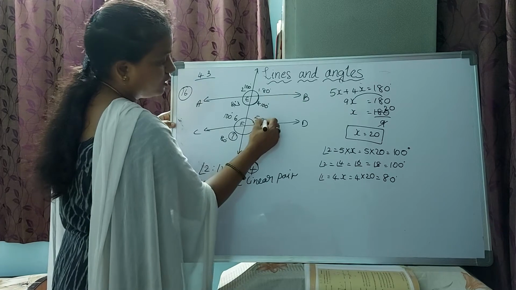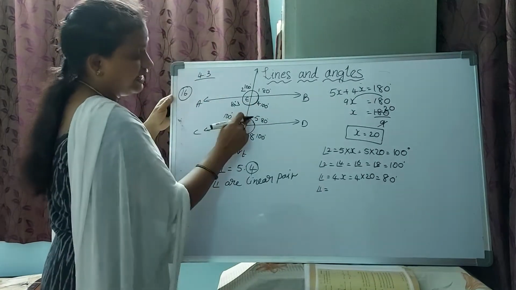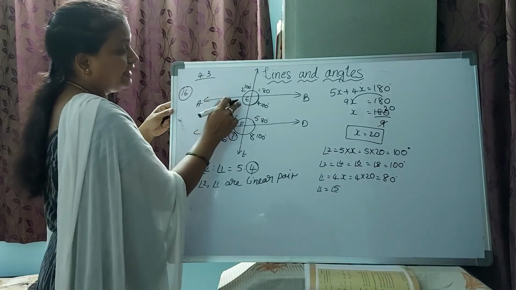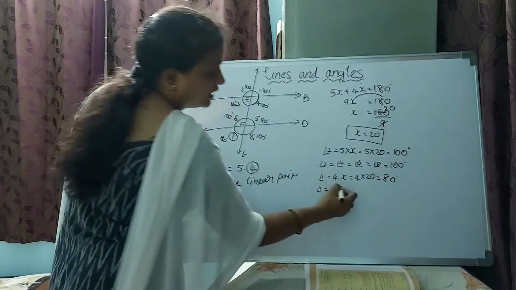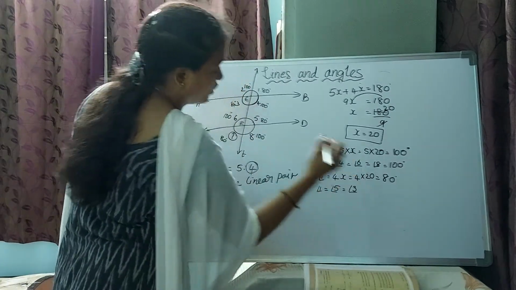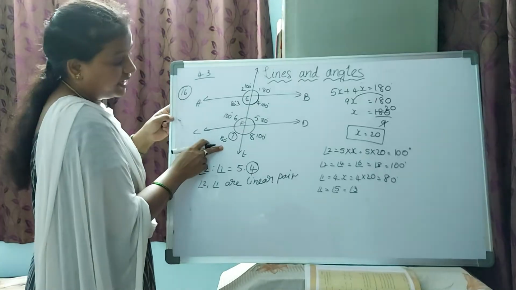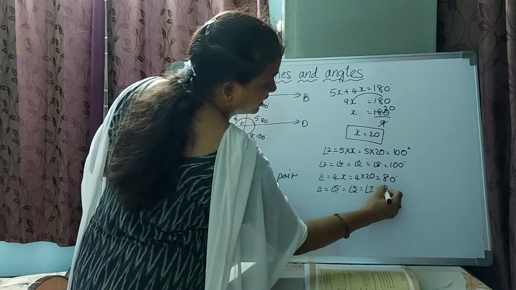So this is also 80 degrees. So angle 1 is equal to angle 5 as corresponding angles, and angle 1 and angle 3 are vertically opposite angles, so this is also equal. And for this angle 3, angle 7 is the corresponding angle. So that is also equal, that is nothing but 80 degrees.